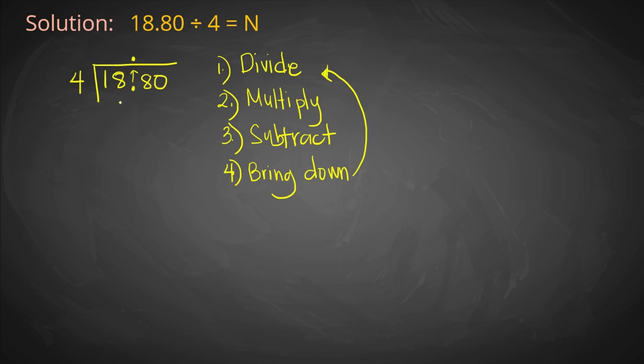So, the first one, 1 divided by 4 cannot be. So, let's proceed dun sa susunod na digit, which is 8. So, we have now 1 and 8. 18 divided by 4. Kung hindi sa ulado ang multiplication table, pwede tayong mag-skip count by 4. So, we have 4, 8, 12, 16, and 20.